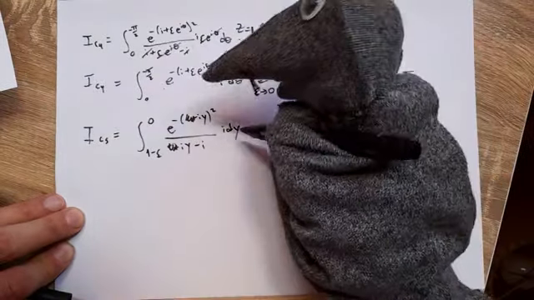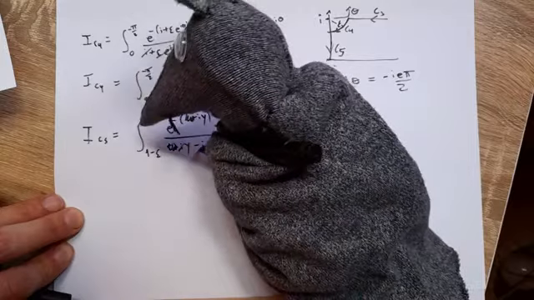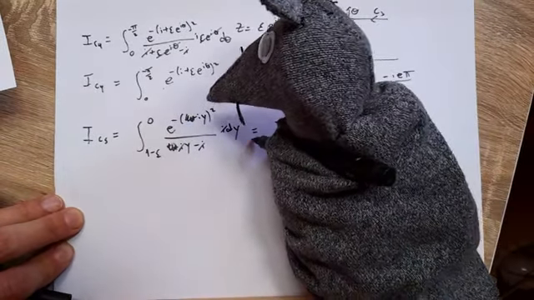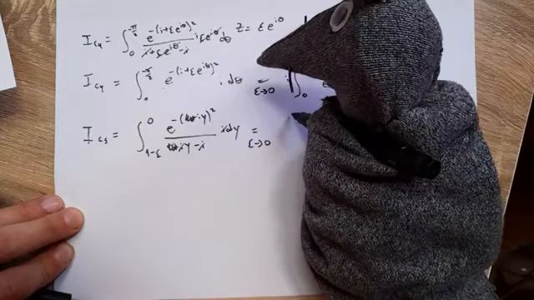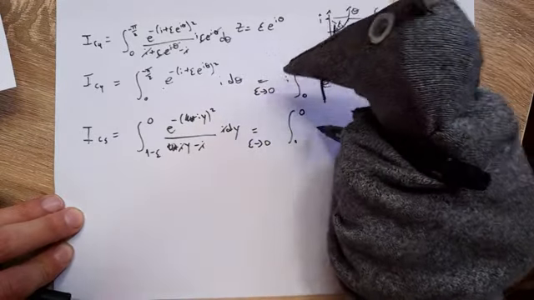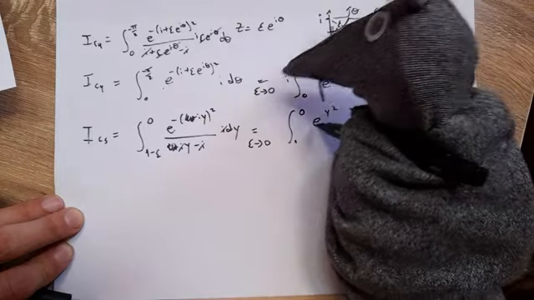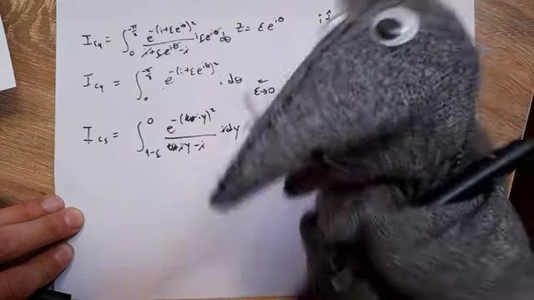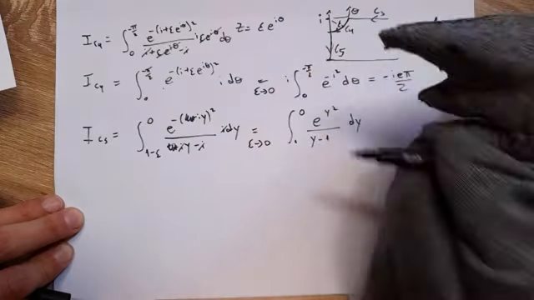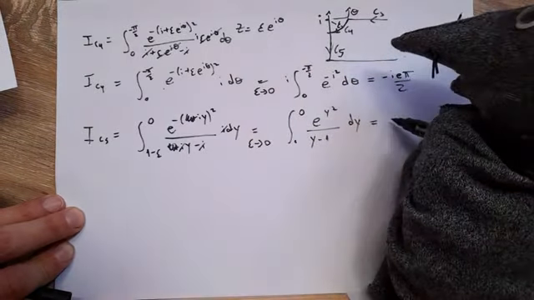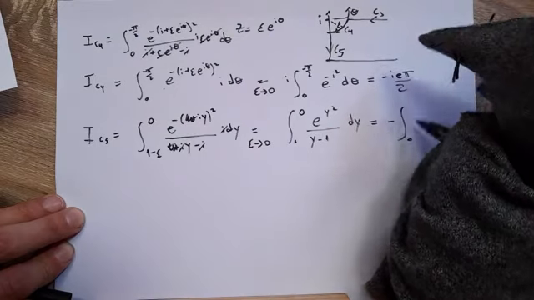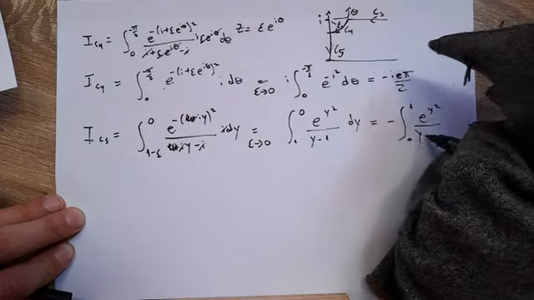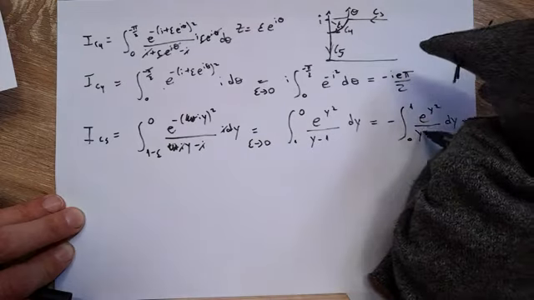So we simplify the I's. And in the limit of epsilon going to 0, this is the integral from 1 to 0 of e to the I squared over I minus 1 dy. Sorry, y, not I here. The same as minus the integral from 0 to 1 of e to the y squared over y minus 1 dy.